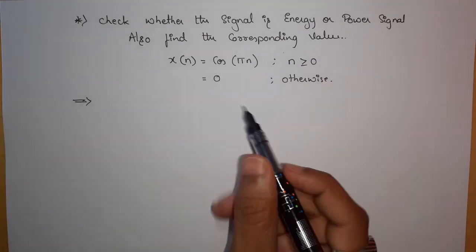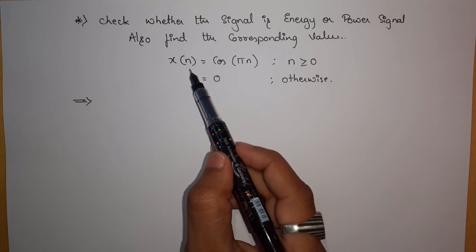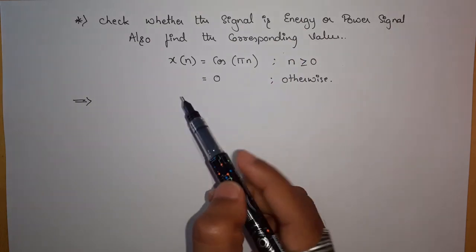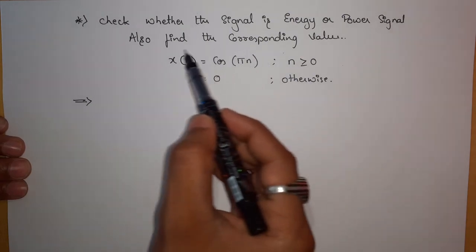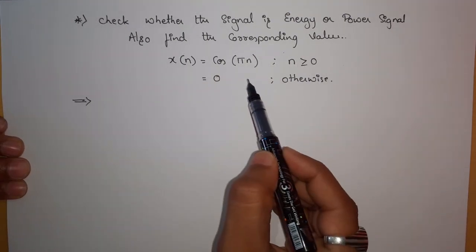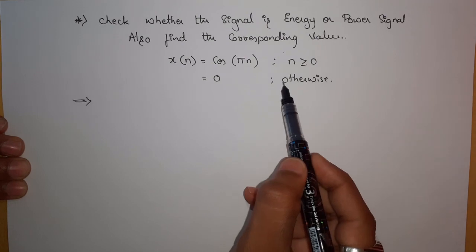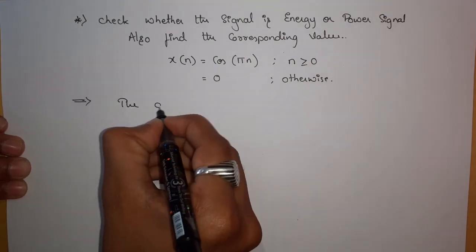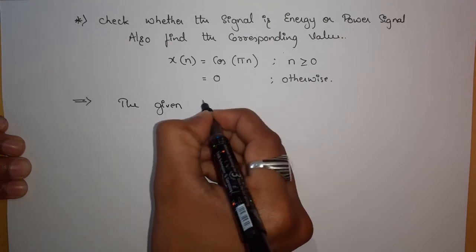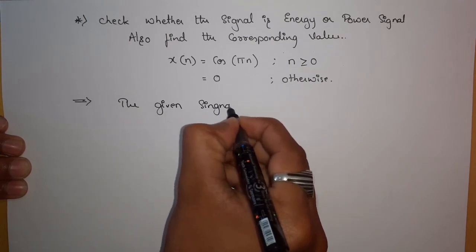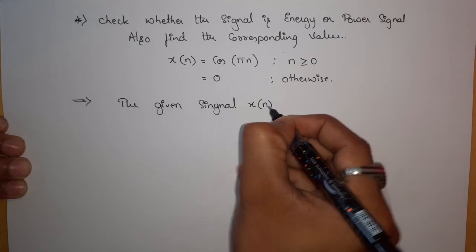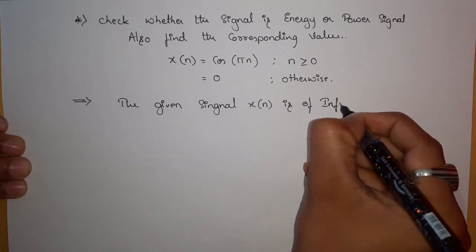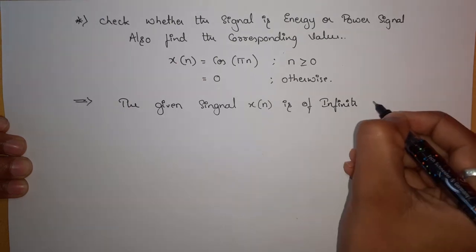To solve this problem, remember x of n means we are talking about a discrete time signal here. From looking at the constraints of this problem, for n greater than or equal to 0 and otherwise, we can say the given signal x of n is of infinite length.